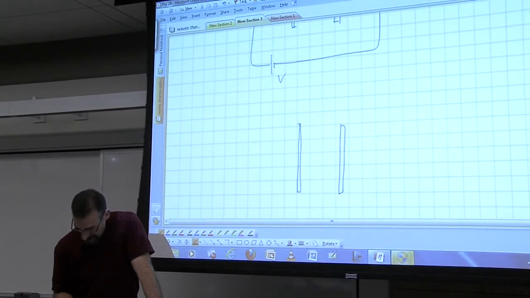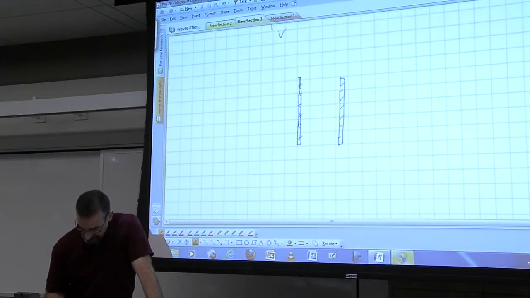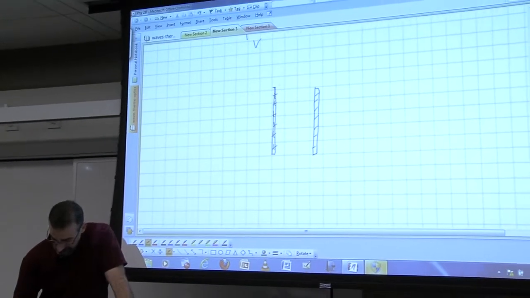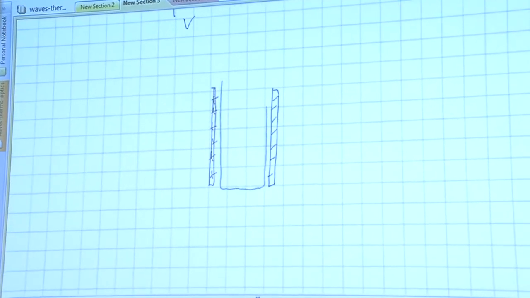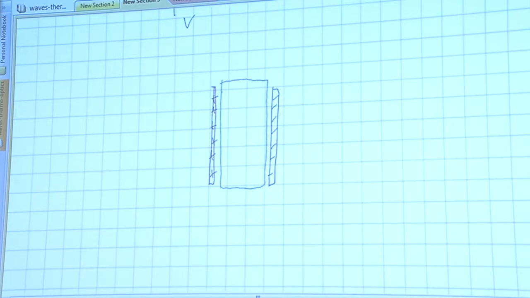Okay, we've got our positive and our negative plate. And now we put an electrical insulator in there. Let's see, I'll make it green. What happens in our insulator?